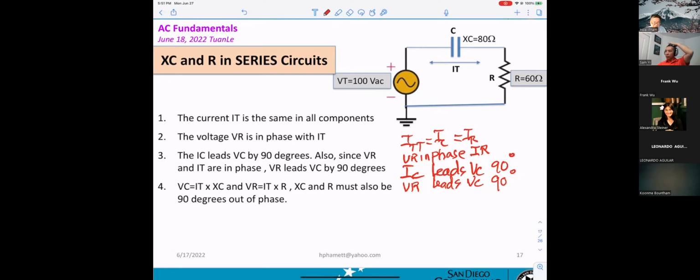Okay, so we want to know R and XC. R will lead.